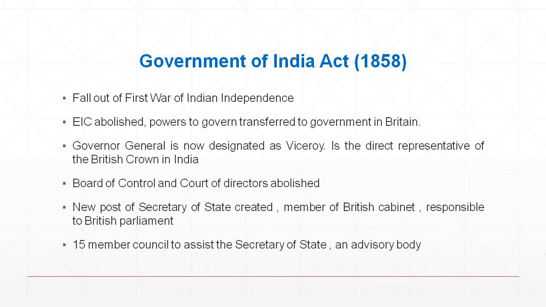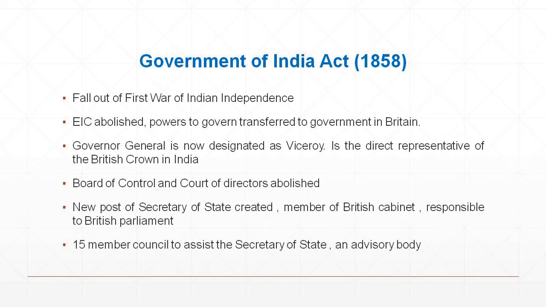It changed the designation of the Governor General of India to that of the Viceroy of India. Earlier we had the term called Governor General, which is a very administrative term. Now we have a term called Viceroy. Viceroy is like our ancient kings had a certain representative who would represent that kingdom in some other nation, in some other kingdom. So this particular post is called a Viceroy.